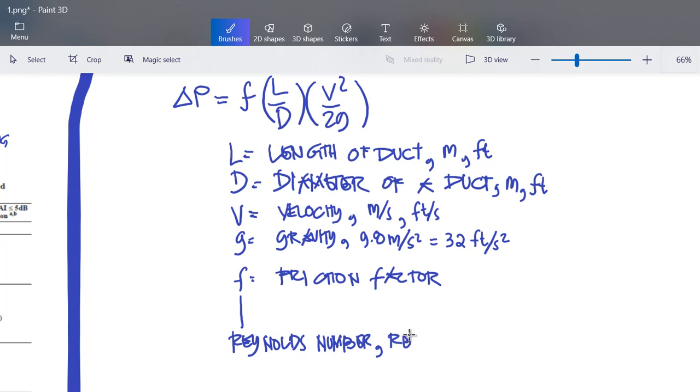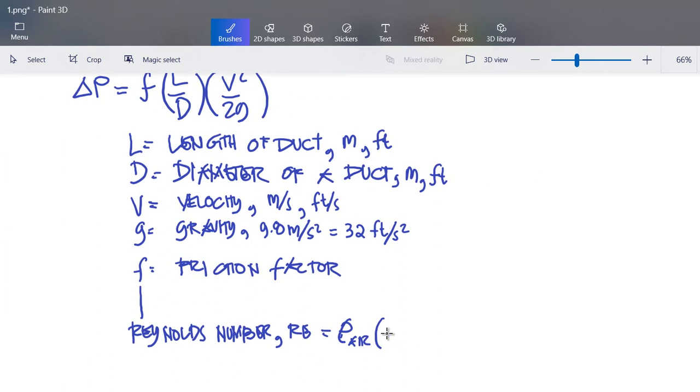So you have your Re, which is equal to your Reynolds number, equal to your density. Okay, so the density of your air multiplied by the diameter of the duct, then multiplied by the velocity of the duct, then divided by the absolute viscosity.